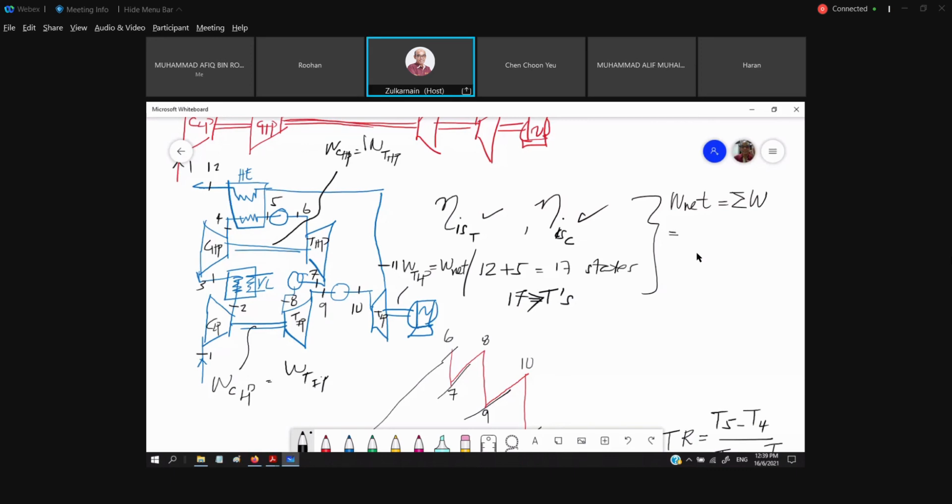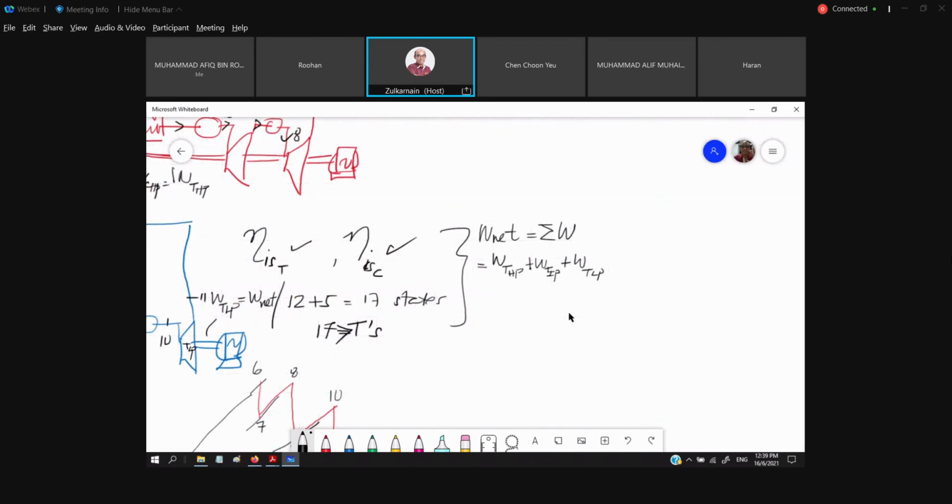So right here, we get W turbine high pressure plus W turbine intermediate pressure plus W turbine low pressure, minus W compressor high pressure, minus W compressor low pressure.